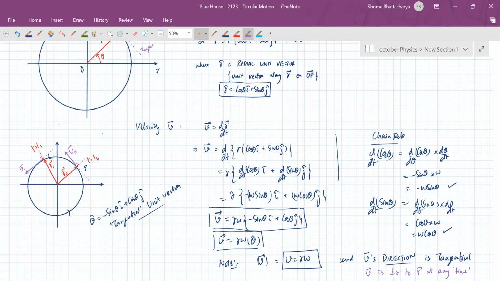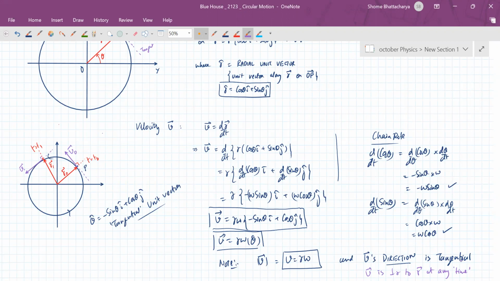So till now, whatever we have discussed is for general circular motion, whether it is uniform circular motion, that is, at constant speed or constant omega, or non-uniform circular motion. Next we are going to classify uniform and non-uniform circular motion, because when it comes to acceleration, there's a difference between the two cases.